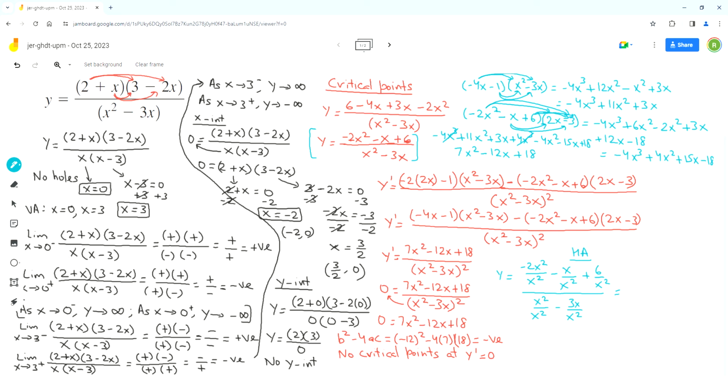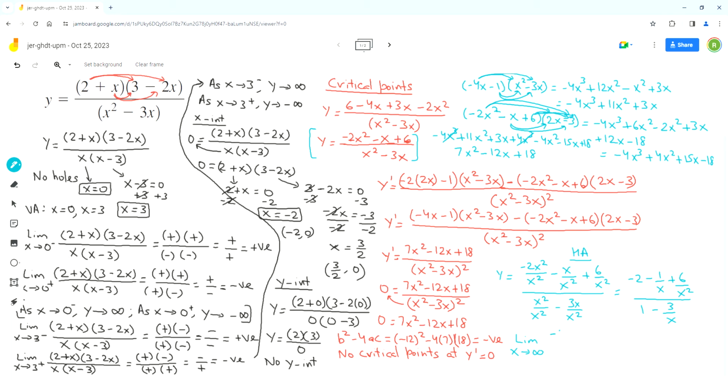Now in the numerator we can simplify the first fraction to just -2, and in the second one -1 over x, and the third one stays as 6 over x². And in the denominator we get 1 minus 3 over x. Now we can apply the limit as x approaches infinity.